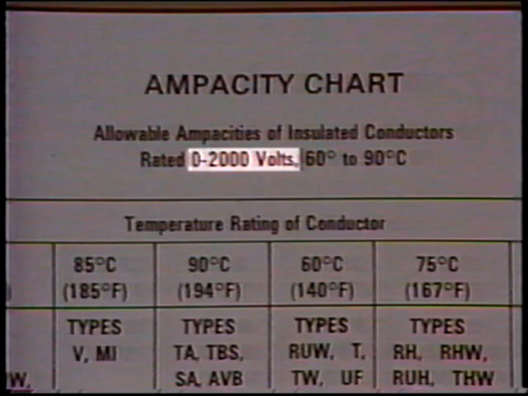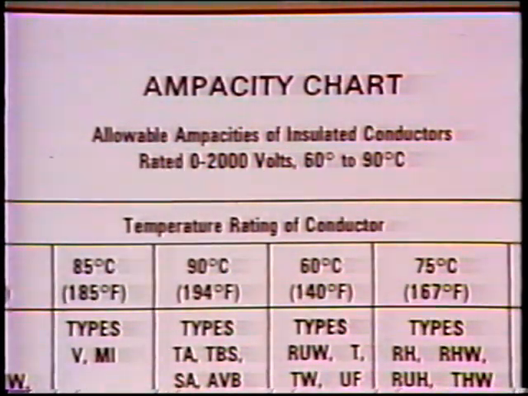But, as we said in the last segment, you have to check the markings on the specific conductor you're planning to use in order to find out what its insulation is rated for. The general statement here at the top of the chart simply means that the types of insulation listed here can only be used on circuits 2,000 volts or below. It doesn't mean that every conductor listed on this chart will be rated for 2,000 volts.